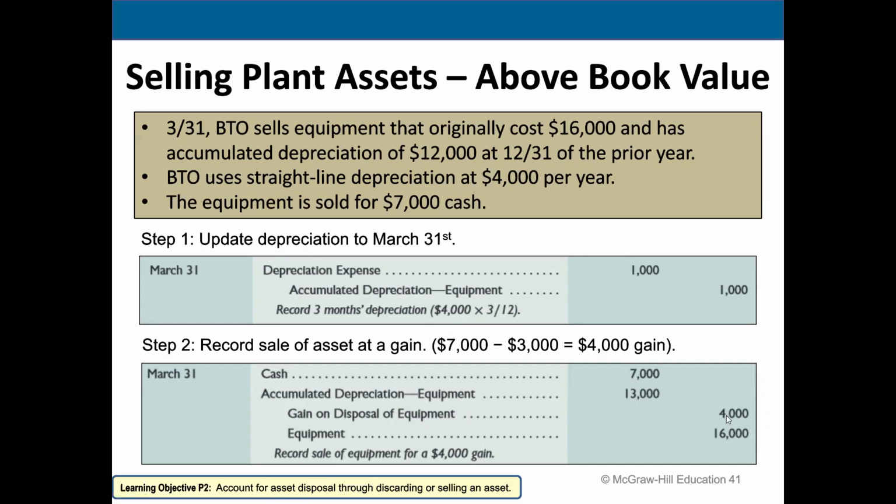So that means I'm going to have to credit $4,000 to make this whole transaction balance. And like I said, if I'm crediting, then that's a gain. If I'm debiting, then that would have been a loss. So in this case, I showed a $4,000 gain and successfully removed the asset from my books.